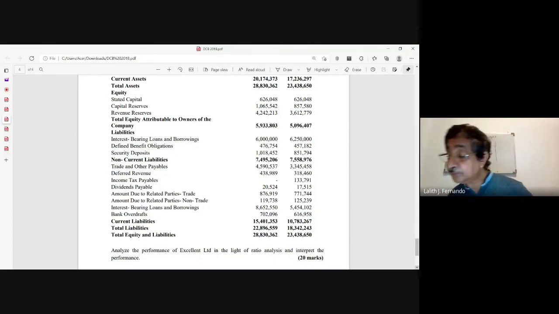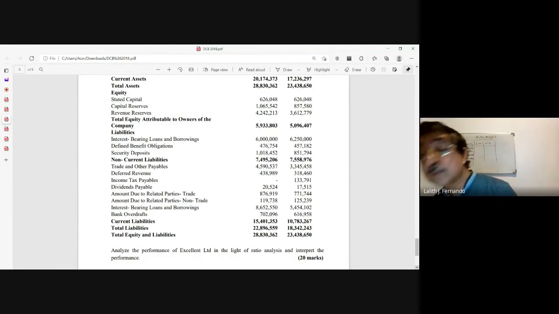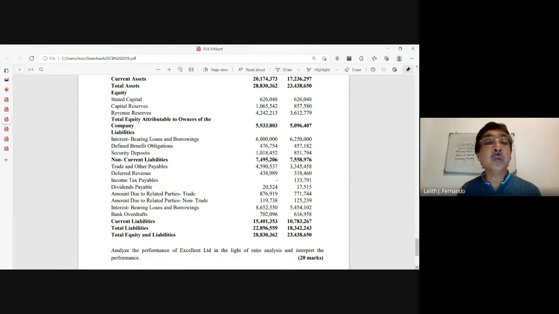Now you can see the current ratio has gone down from 2015 to 2016.